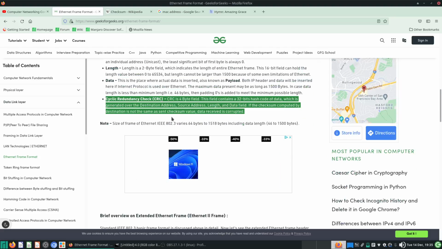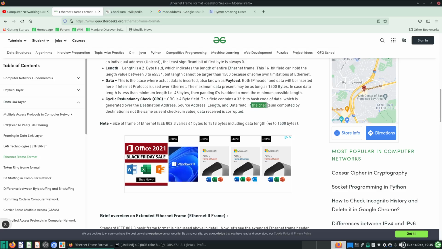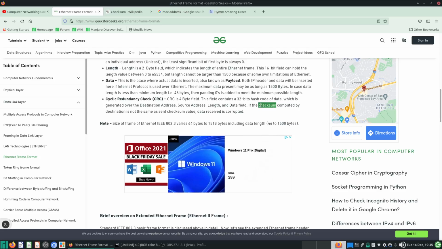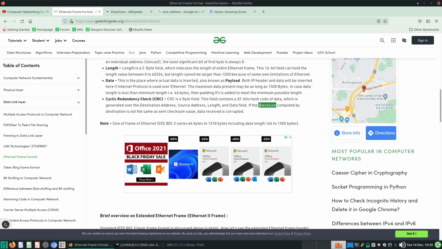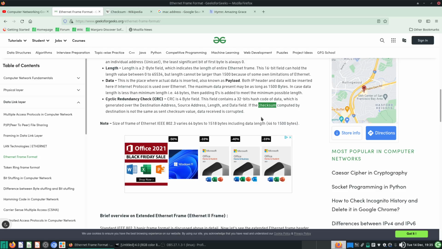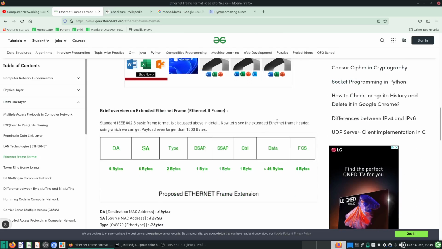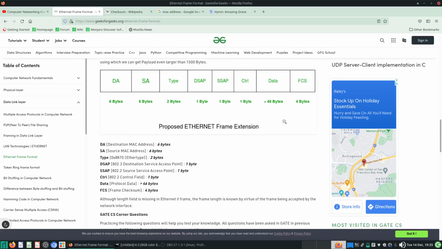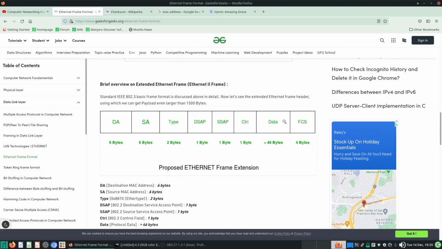Cyclic redundancy check. You might have heard of this term before called checksum, and usually you will hear it in the context of errors.